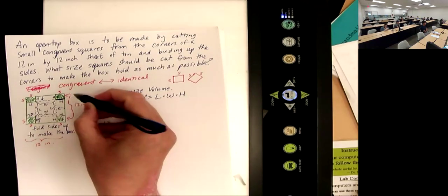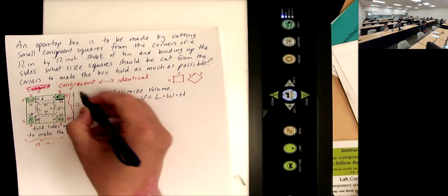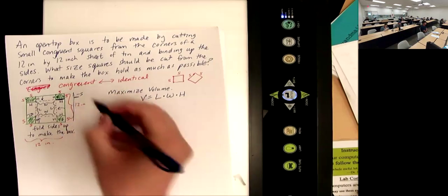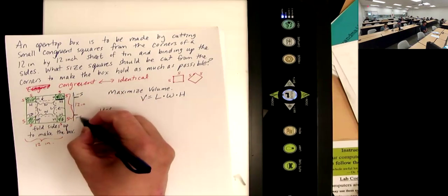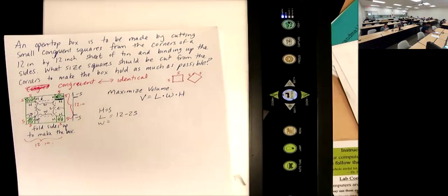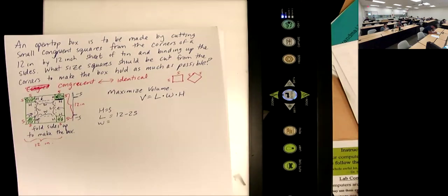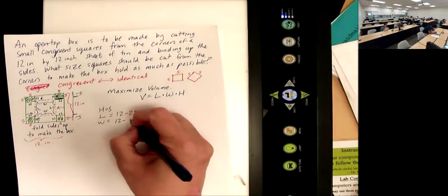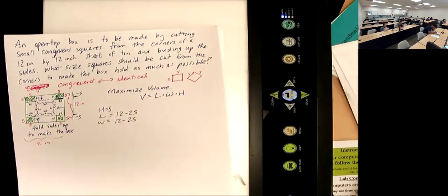The whole thing is 12, and we're subtracting out that S and that S. Yeah, we can subtract 2S. That's what's going on with width as well, and since it was 12 by 12, it's still going to be 12 minus 2S.